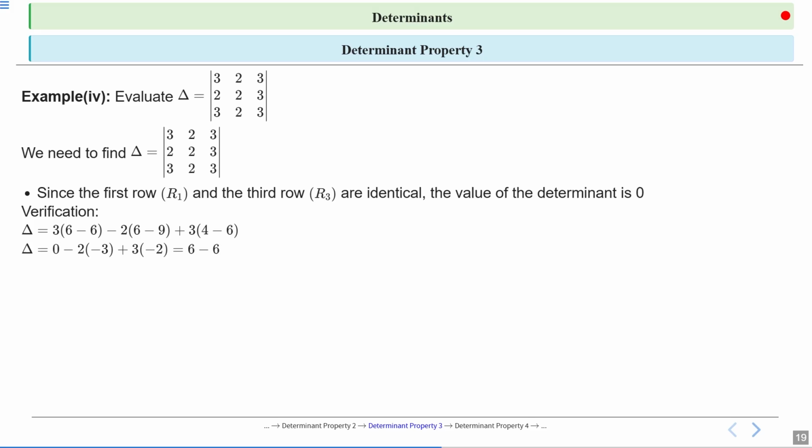So we get 0 minus 2 into minus 3 plus 3 into minus 2, that is 6 minus 6, and that is 0. So property 3 says that if in a determinant there are two rows or columns that are identical, then the value of the determinant is 0.